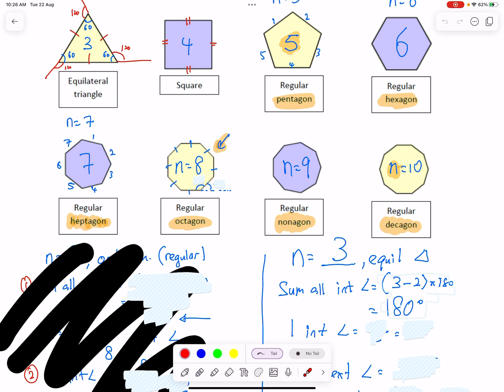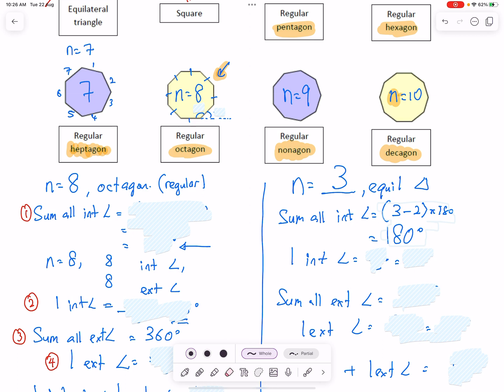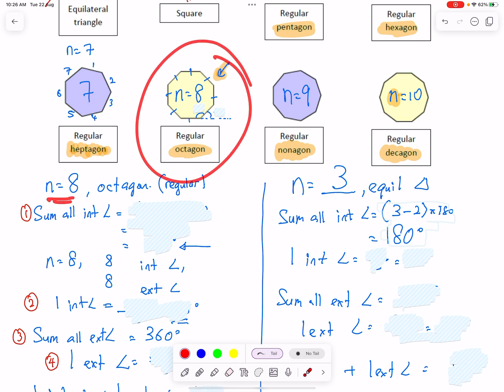Now let me give one more example that we didn't really learn in primary school. Let's say I have n equals 8. Let's take a look at this shape here. Similarly, I want you to copy down into your notes n equals 8. Pause the video if you need to.